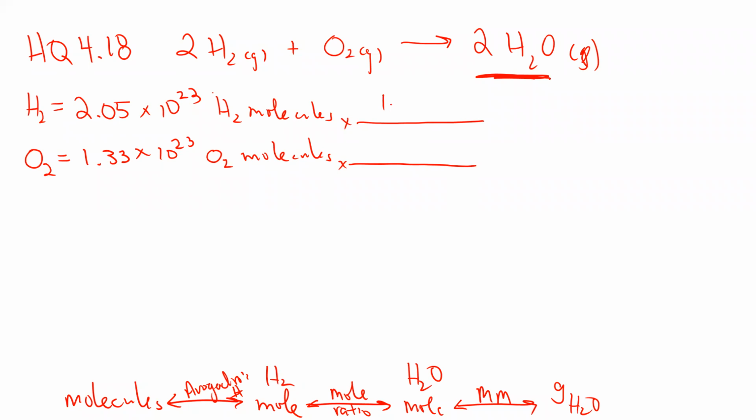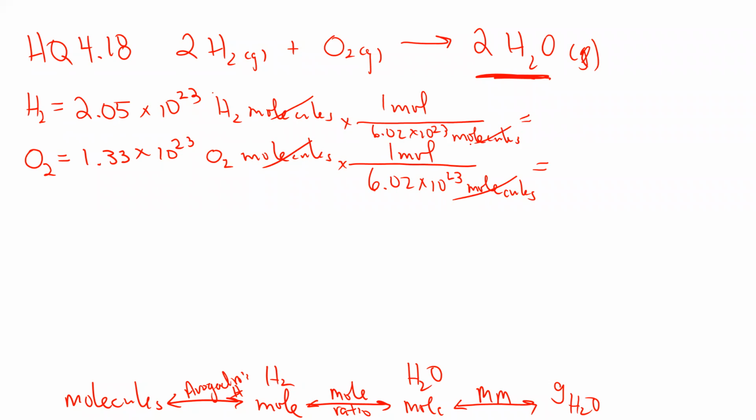Because Avogadro's number tells me for 1 mole of anything, right, I need 6.02 times 10 to the 23, in this case, molecules. So molecules of oxygen cancel out, molecules of hydrogen cancel out.